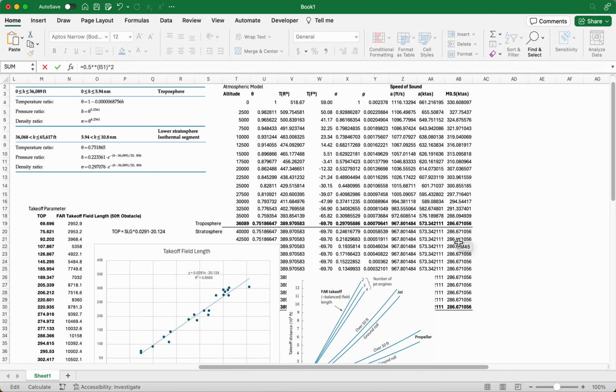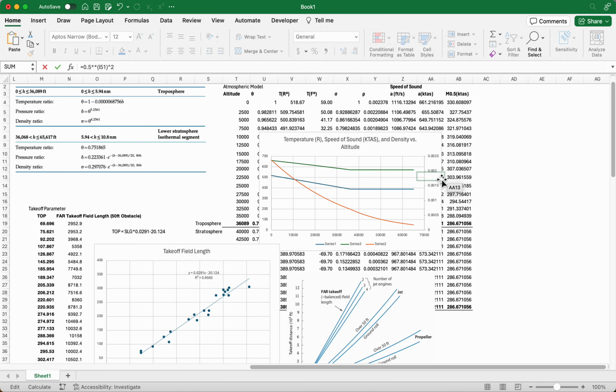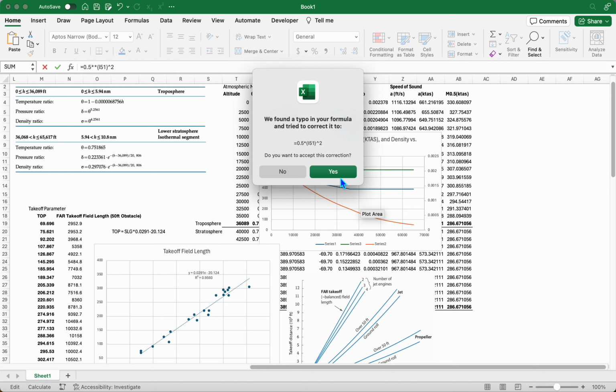And let's say we are interested in knowing what is our rate of climb, or our density rather, which is this column here. And I want to know what that is at, let's say 30,000 feet. So what's our rate of climb at 30,000 feet? So that's 16, and I want to go over to column Y, so Y16.